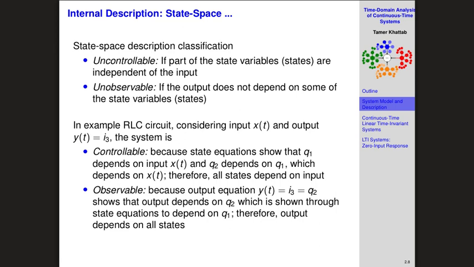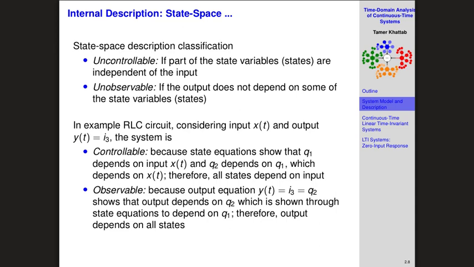If the output is independent from some of the states and affected only by the others, or independent from all the states, then this is an unobservable system, because some changes in the states might not reflect on the output. So you cannot observe if the state changes by simply observing the output. That's why we call it unobservable.